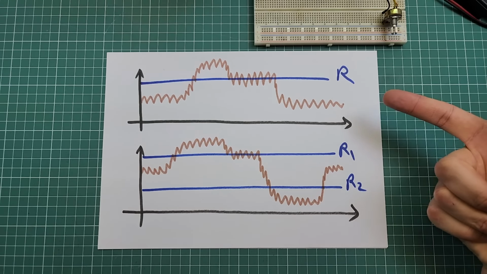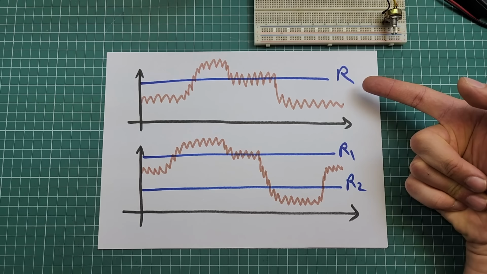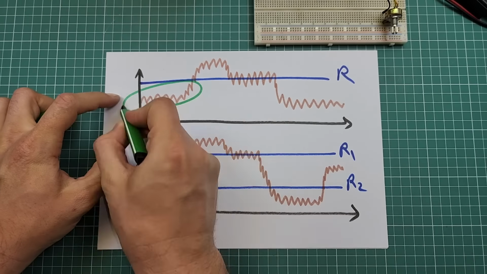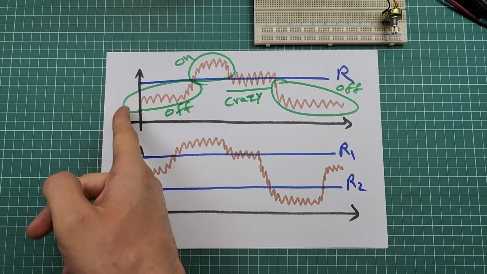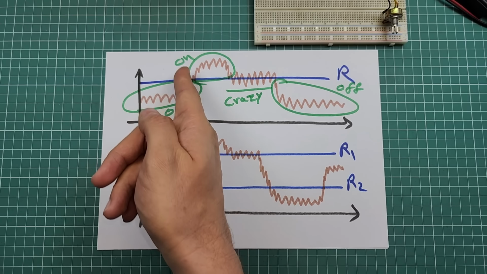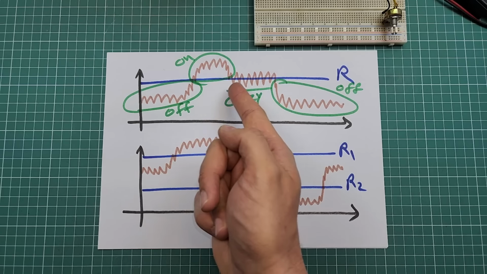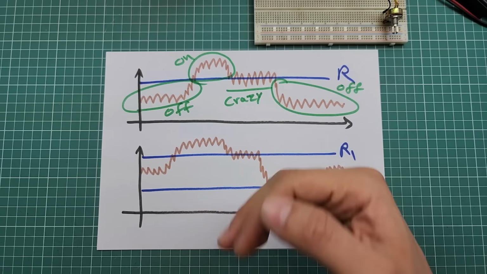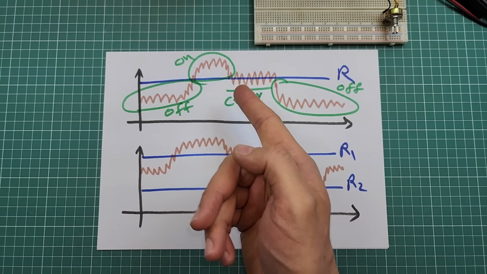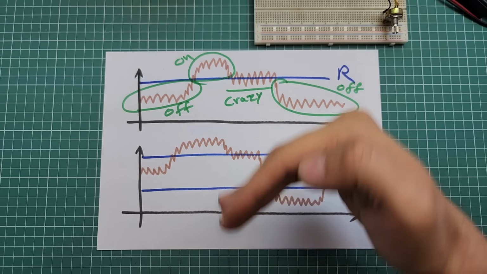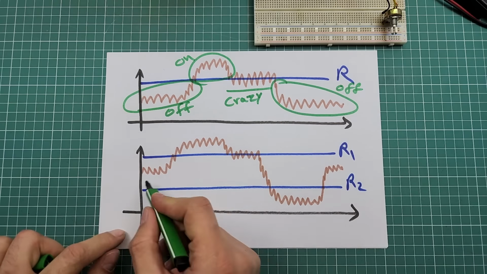This is an ordinary comparator using an op-amp and a single reference voltage, where the noise can find a way to the output. In this area the relay is off, in this area the relay is on, here the relay is off, but here is where the relay turns on and off like crazy, because in this area the sensor voltage can go higher and lower than the reference voltage periodically.